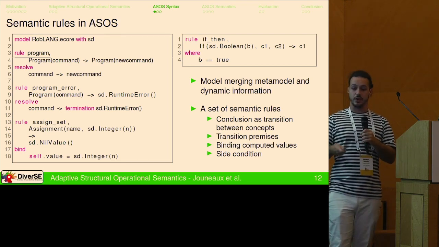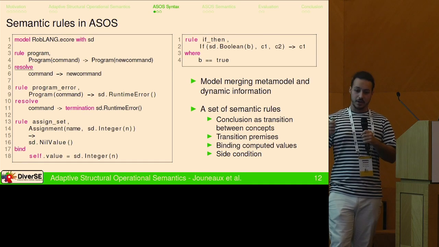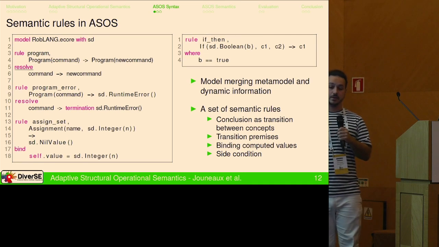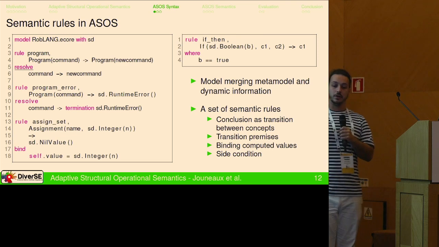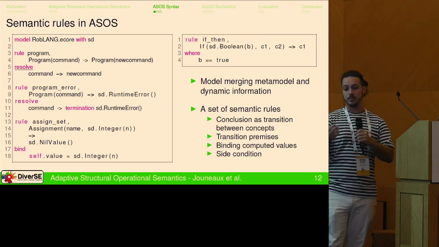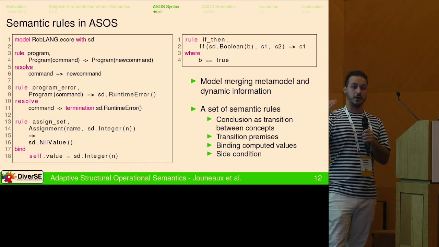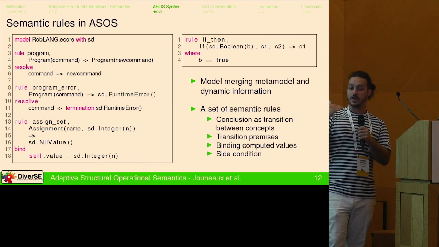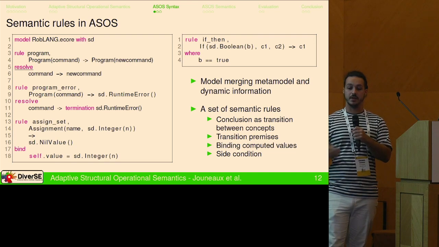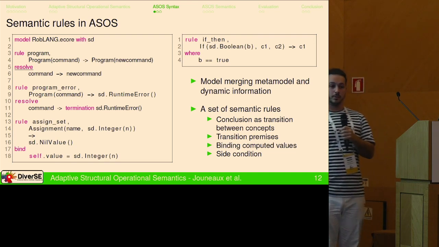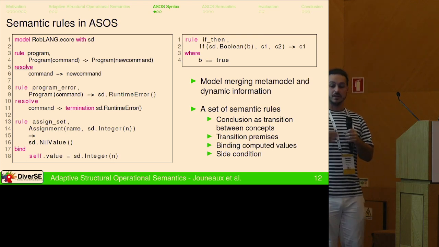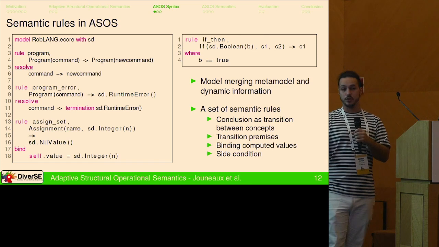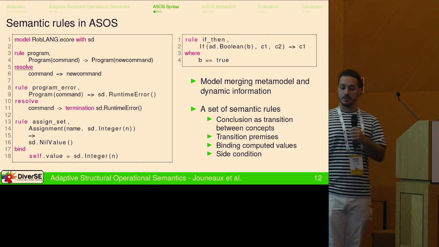In addition to those conclusions, you can provide some premises that help you either compute subterms or define a condition to call those rules. For example, the resolve keyword here is defining the section of the premise, and here we have a premise that says that if the command can progress to a new command, then the program has advanced also. So the idea is that if we can execute the command to a new state, then the whole program has advanced to a new state.